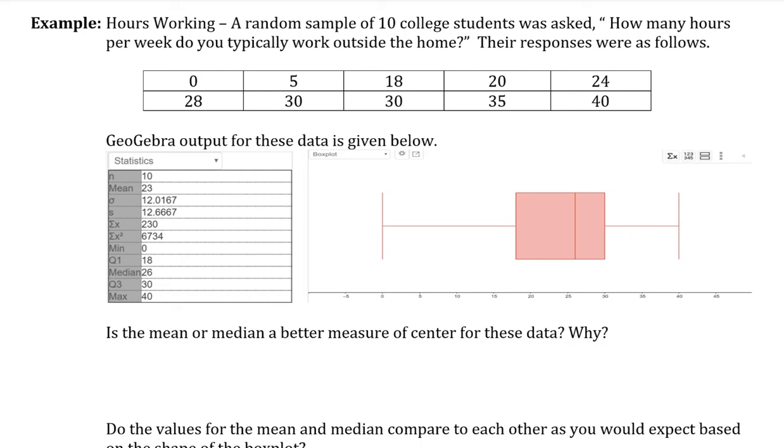This data was already put into GeoGebra, and we have the output below. We have the statistics here, including the sample size, the mean, the standard deviation for the population, if it was a sample, the sum of the values squared, and the 5-number summary. We also have that 5-number summary translated into a box plot.